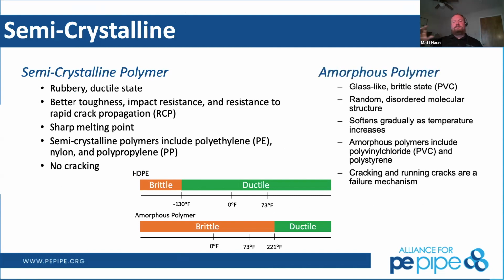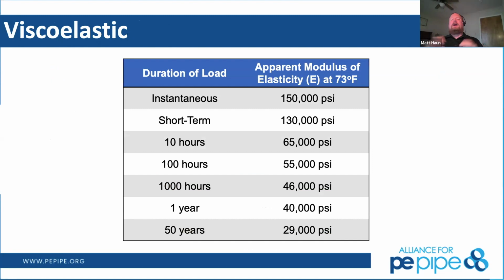So when you compare it to an amorphous polymer, something like PVC, when you look at the general operating temperatures and conditions, it remains in a glass-like brittle state, which basically means that it's going to be more susceptible to a fracture that can spread down the length of the pipe when it exceeds its limits for impact or pressure rating. And so we derive our strengths differently.